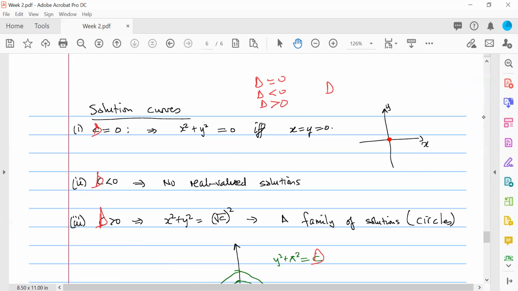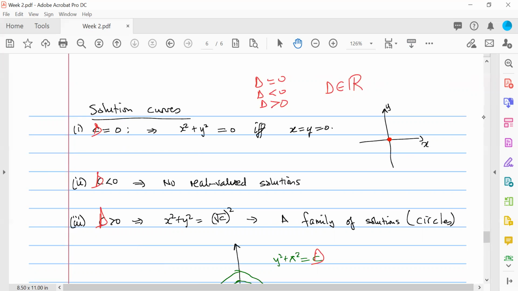Because whenever a constant is a real number, it either takes value 0 or it's greater than 0 or less than 0. So you want to explore all these three conditions to check if d has that value, what will happen to the solution curve? What type of solution curves are we going to get?